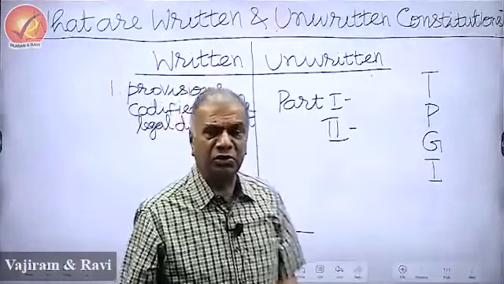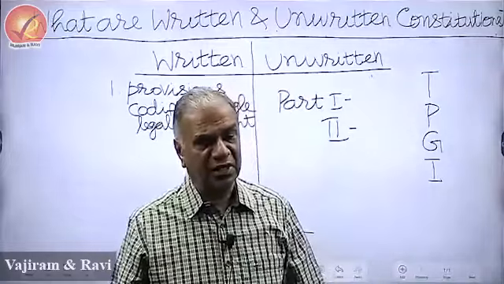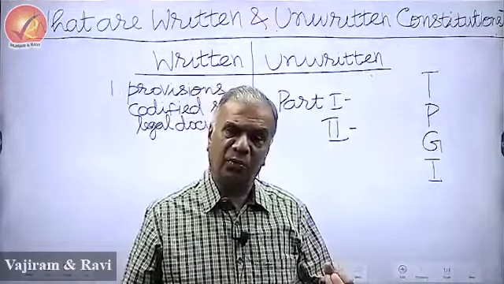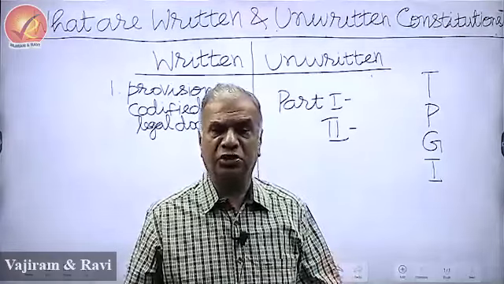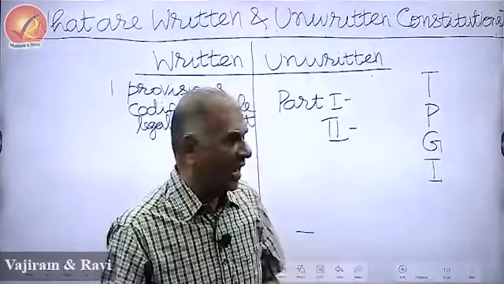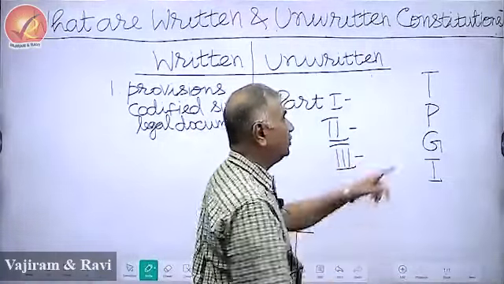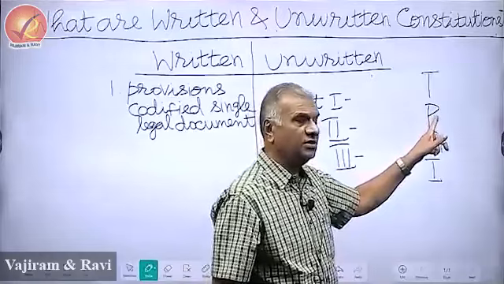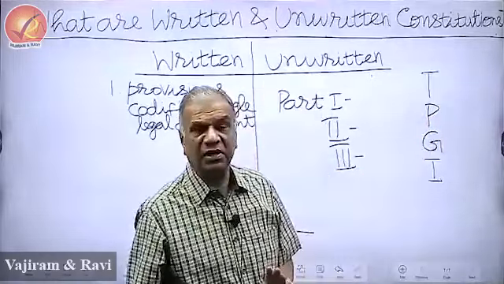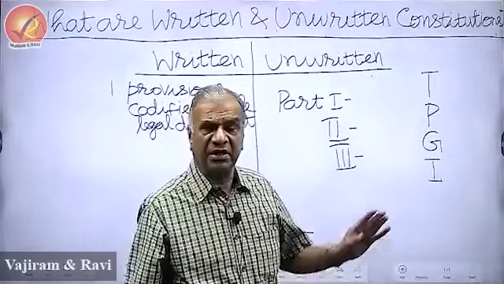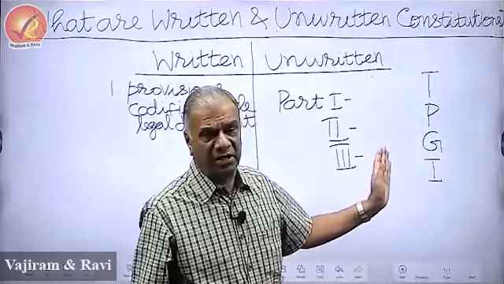And the citizens should be provided with certain rights. These are political, economic, and social rights. And thus part 3 of the Constitution deals with one aspect of the rights of the citizens, that is the civil and political rights, that is the fundamental rights.